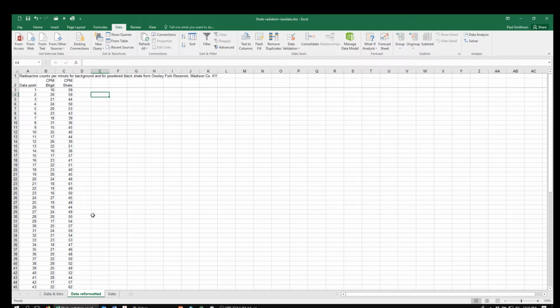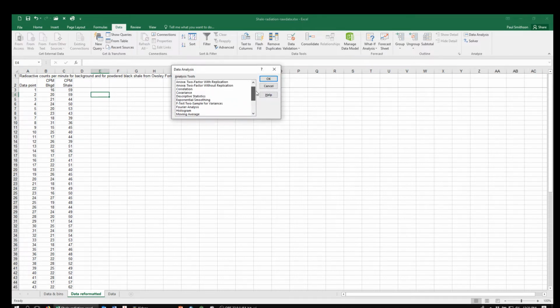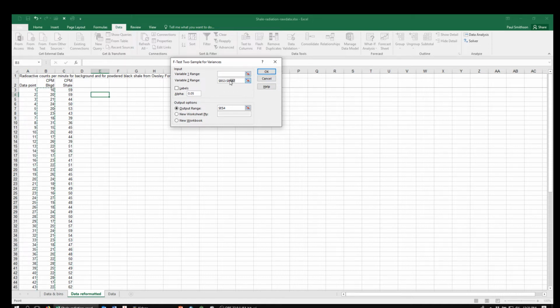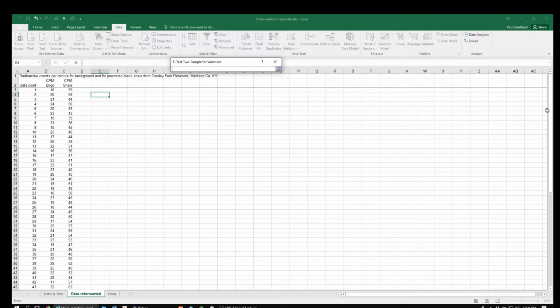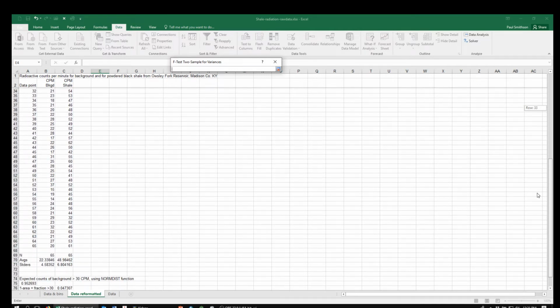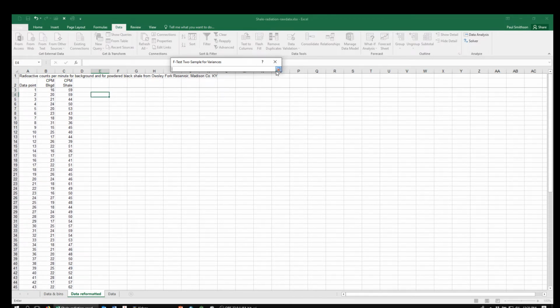Now let's use some of our built-in functions from the data analysis add-in that you've installed. What we want to do first is the F-test, a test for homogeneity of variance. Let's first make sure we enter our higher standard deviation first, and that'll be the shale.